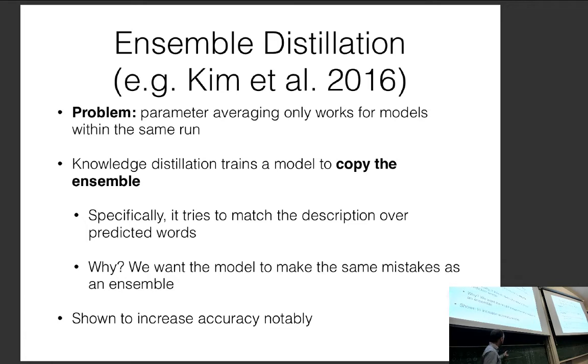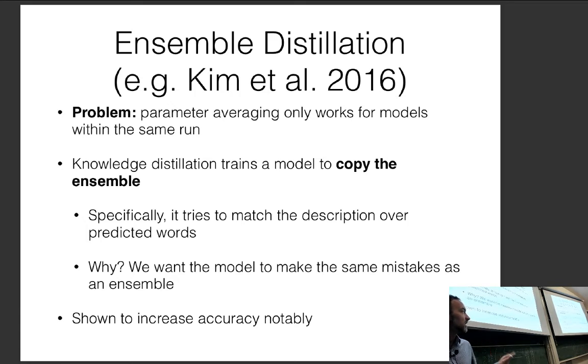So because you can't enumerate over all of the sentences, one very common thing to do is instead just sample outputs, either by taking the maximum probability output or sampling outputs, and training the student model to sample the outputs from the teacher model, and then try to train the student model to match the distribution of these sampled outputs. So this is sequence level knowledge distillation.